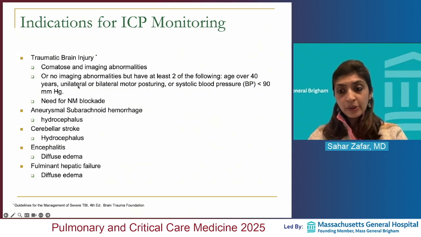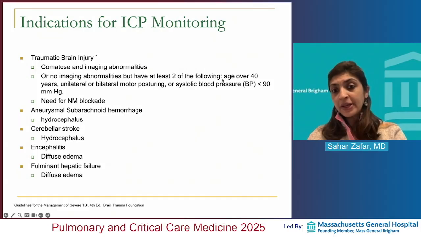And so per the Brain Trauma Foundation, for patients with traumatic brain injury, if they're comatose and have imaging abnormalities that include cerebral contusions, ICP monitoring is indicated. Or if they are comatose and they have no imaging abnormalities, but they have at least two of the following: they're older, they have posturing, or they're hemodynamically unstable, is when we consider ICP monitoring.